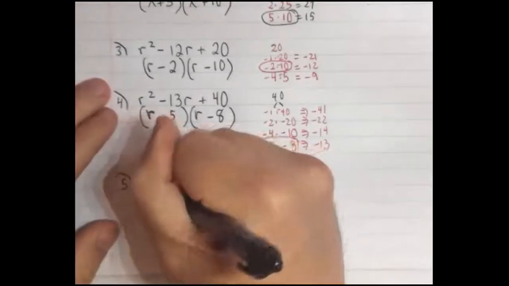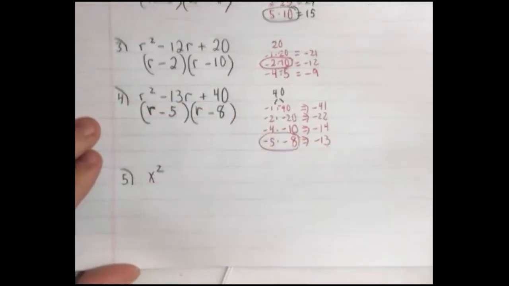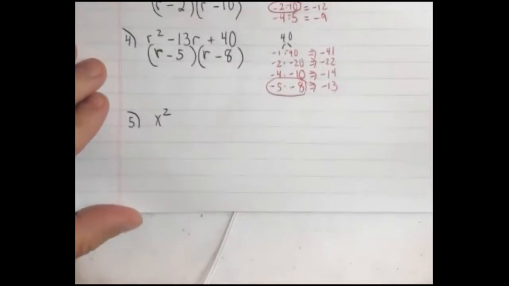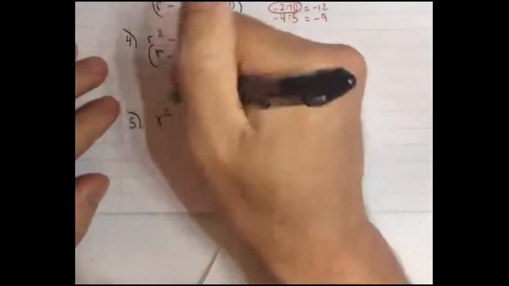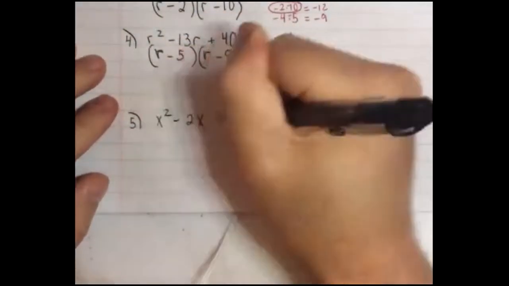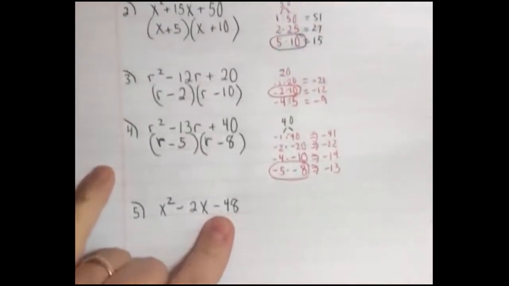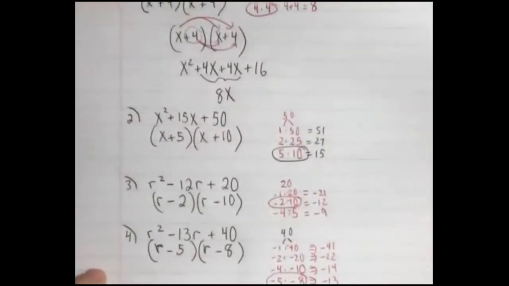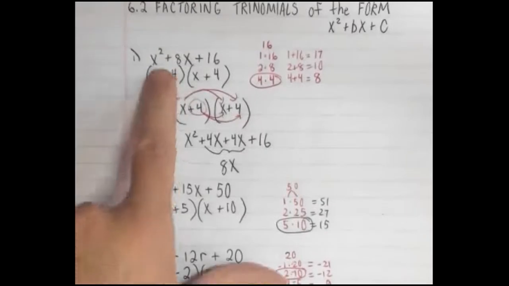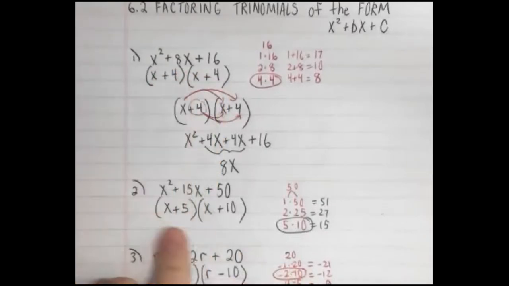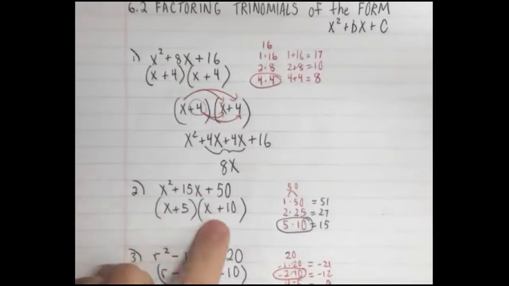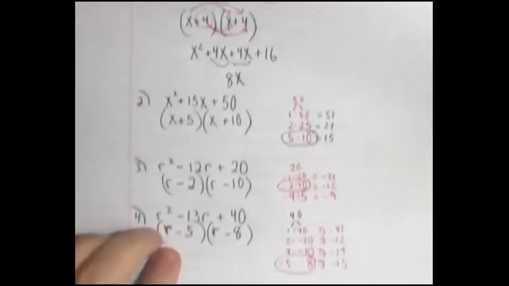All right, so the next type of problem we are going to be looking at, slide this down a little bit. X squared minus 2x, okay. When we have that last value, think back to the examples we've already done. We did 2 with everything positive, so we knew when everything's positive, our 2 binomials are going to be positive.